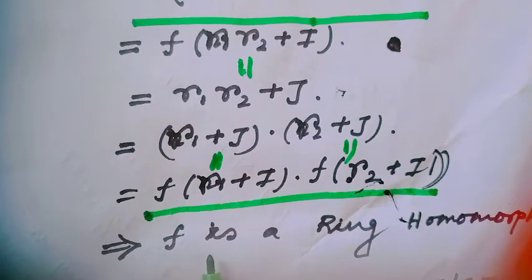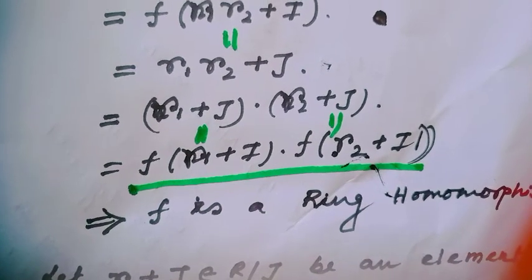That means obviously this mapping is a ring homomorphism.